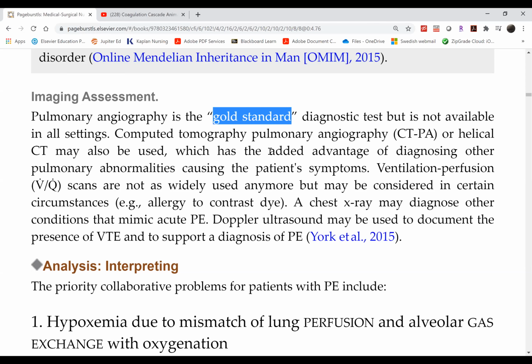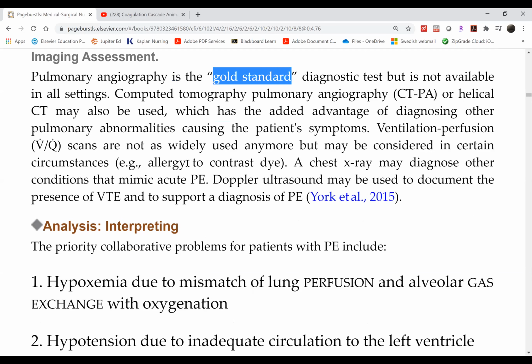Now, this involves a dye, so your pre-procedure check is to check for allergies. If the patient is clear from allergies, we send the patient to the test. However, if the patient is allergic to the dye or has any evidence of kidney injury, then of course that is a contraindication for a dye.